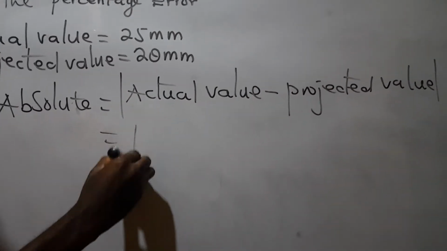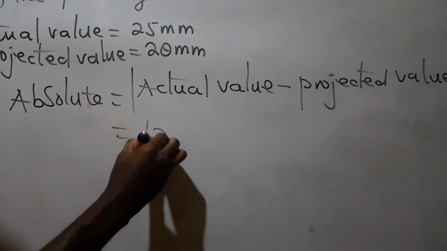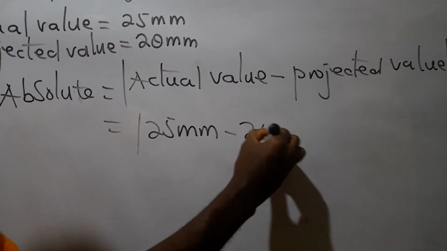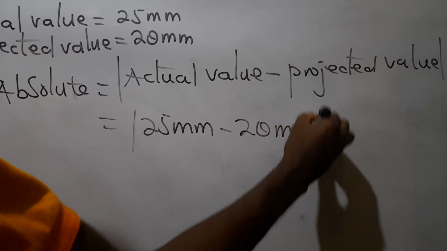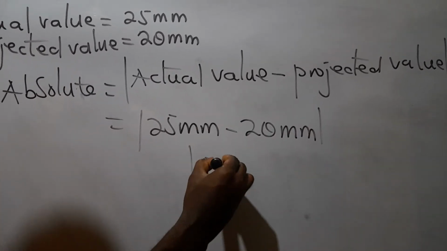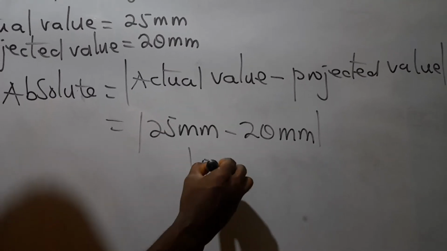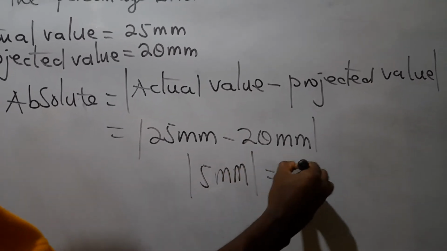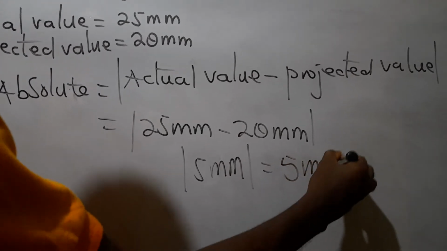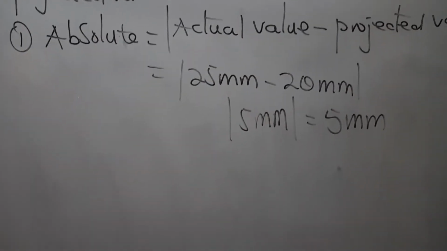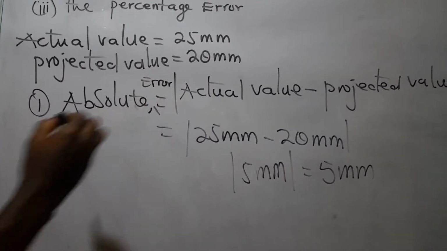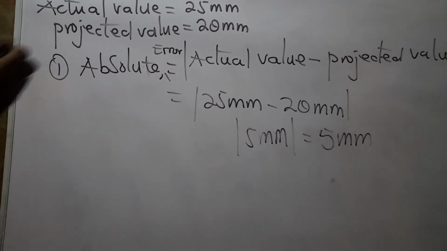So our actual value is 25 millimeters minus the projected value, which is 20 millimeters. When we subtract that, we have the absolute value of 5 millimeters, which is the same as 5 millimeters. So we can say that the absolute error is 5 millimeters of rain.